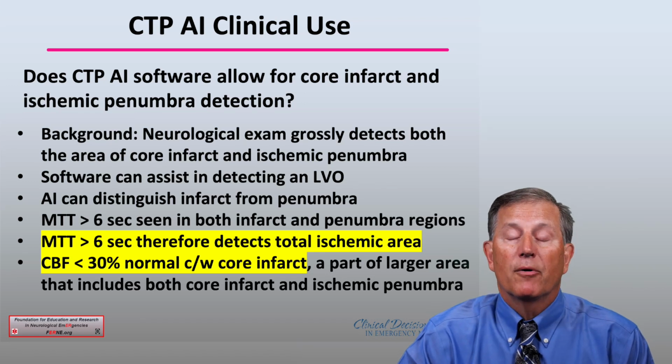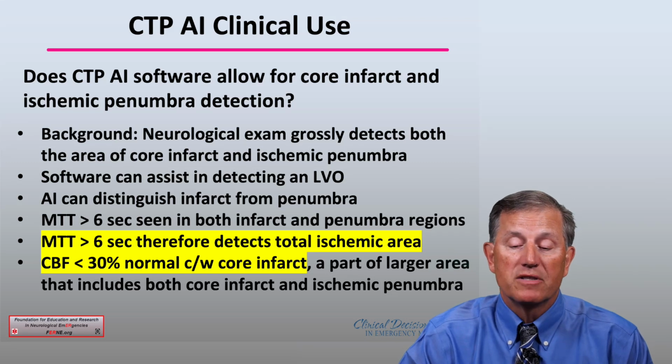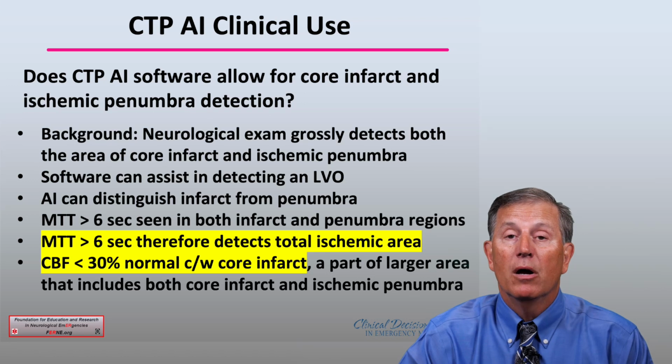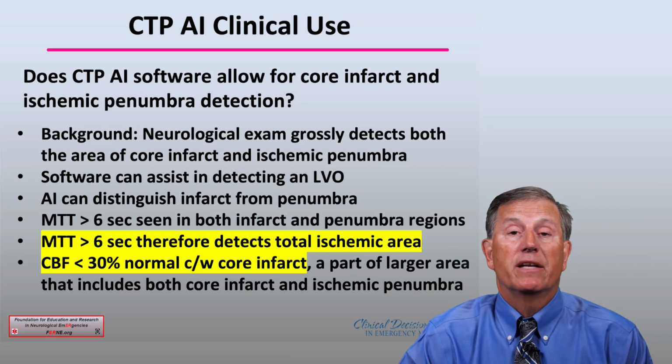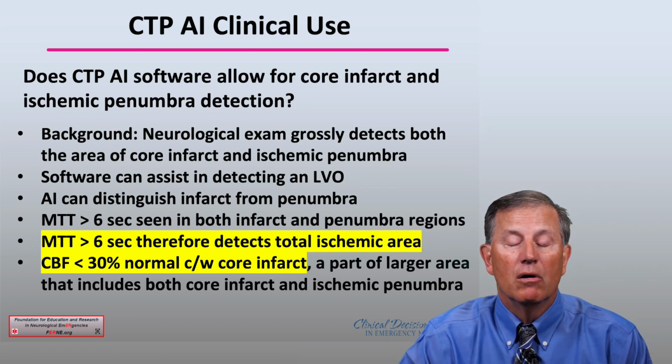Surely. Remember, though, that the neurological exam and a functional neurological exam grossly detect both the area of the core infarct and ischemic penumbra, remembering that if there is weakness and a positive VAN assessment, vision, aphasia, or neglect, it's likely an LVO.